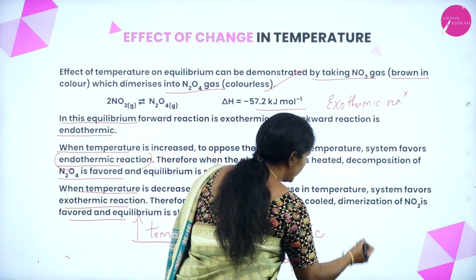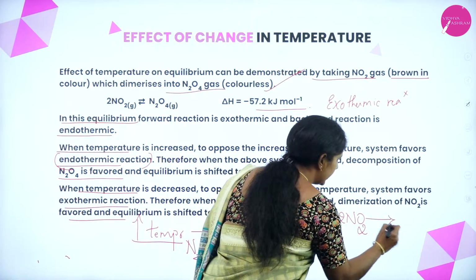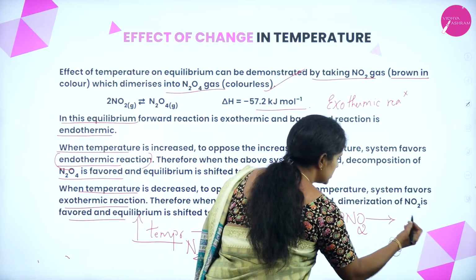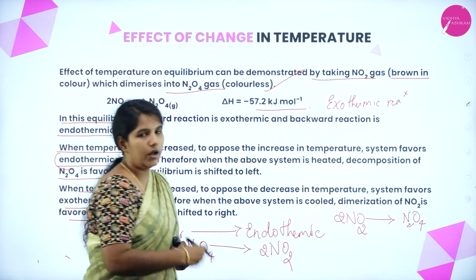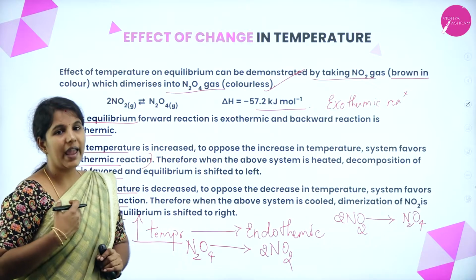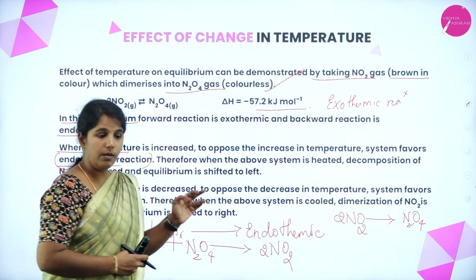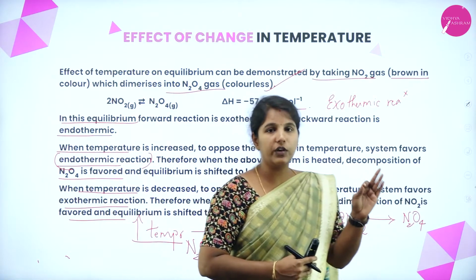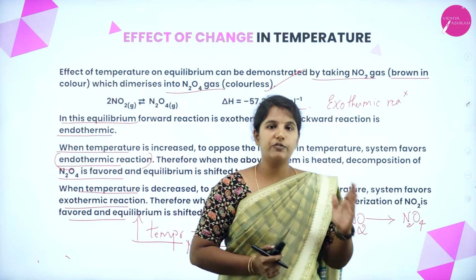When you decrease the temperature, the two molecules of NO2 gas move in the forward direction so that they form N2O4, which is a forward reaction and it is an exothermic reaction. This is how the system will nullify the effect of temperature when you increase or decrease it, thereby it shifts its equilibrium.